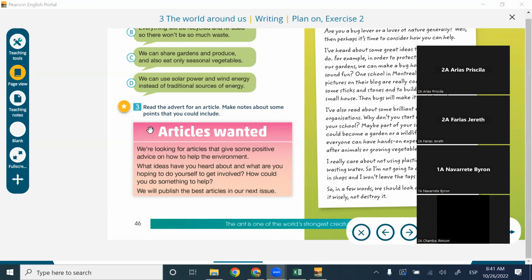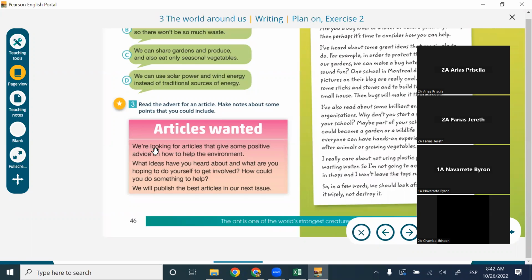Articles wanted. We are looking for articles to give some positive advice on how to help the environment.